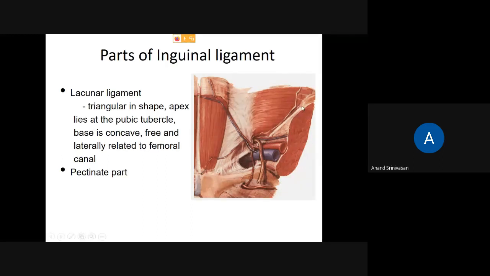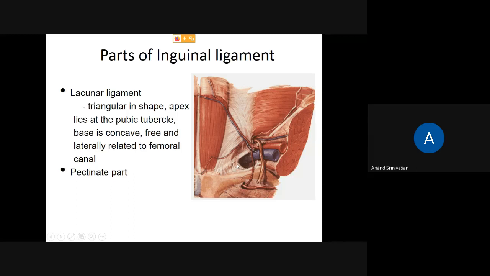You know that this is the inguinal ligament, which is extending from the anterior superior iliac spine to the pubic tubercle. Now, if you see, there is a triangular extension of the inguinal ligament, which is attached to the pectinate line.